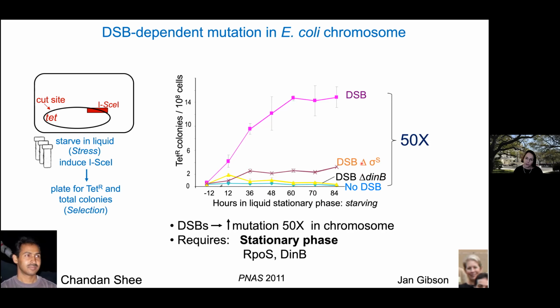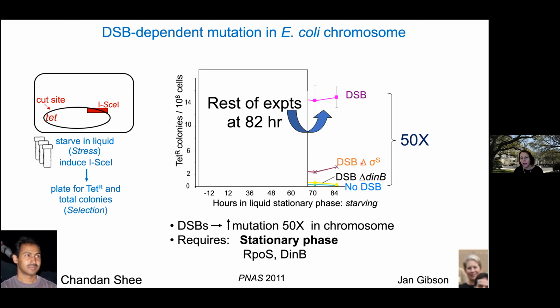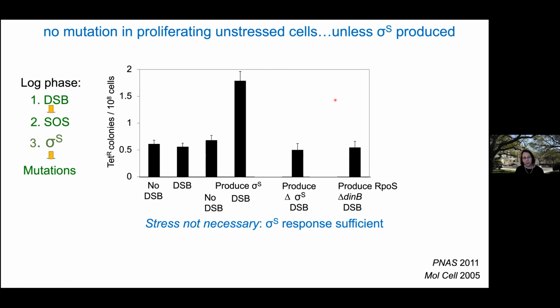So this is just an illustration of one way you can study this, and other experiments I might or might not show you at that time point. This is a different experiment. This is actually Chandon who did this, it's log phase cells, not stationary phase starving cells. And here, when cells are growing happily and they have plenty of food and they're not stressed, he can give a double-strand break.